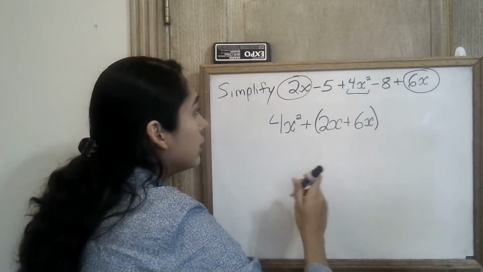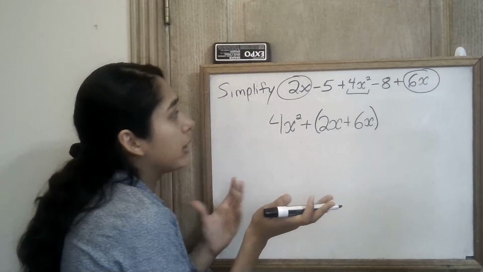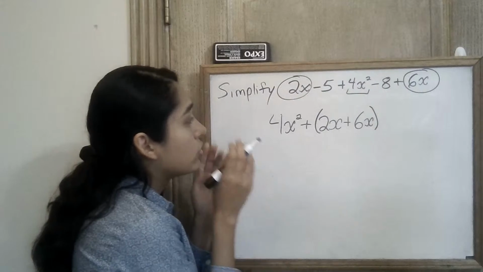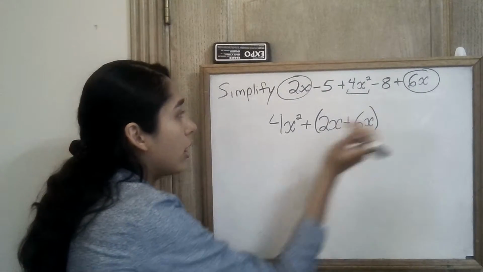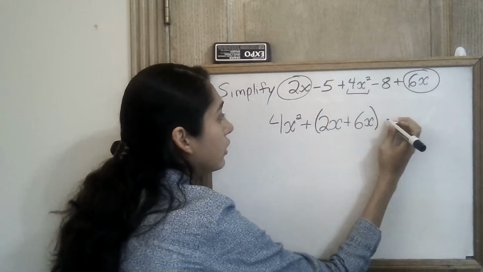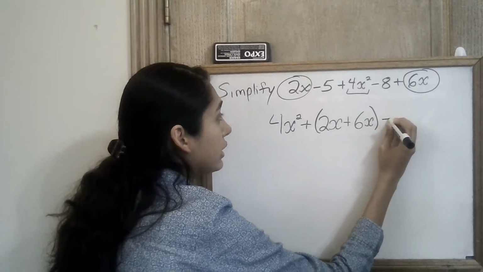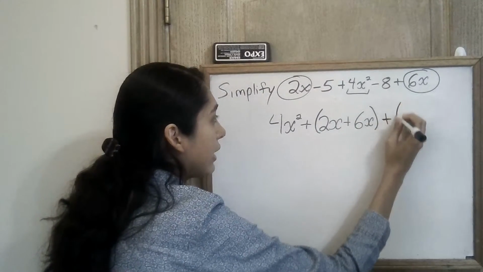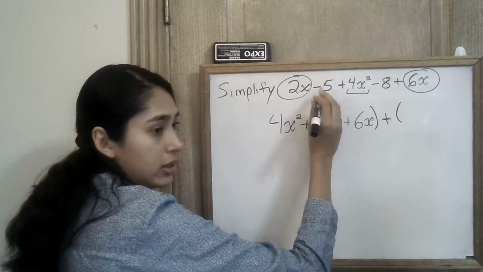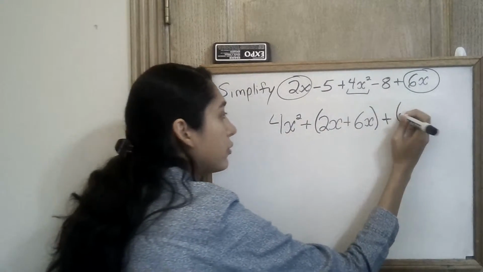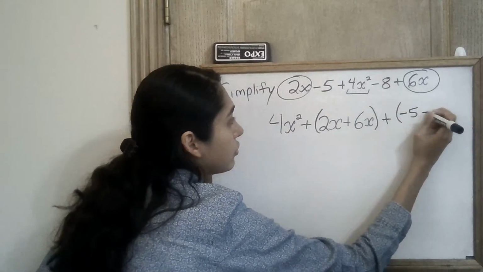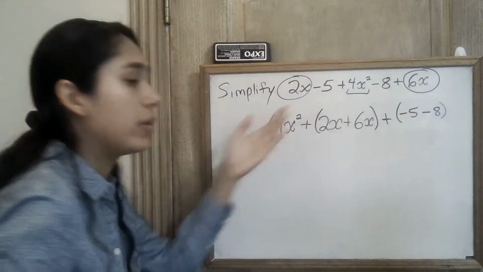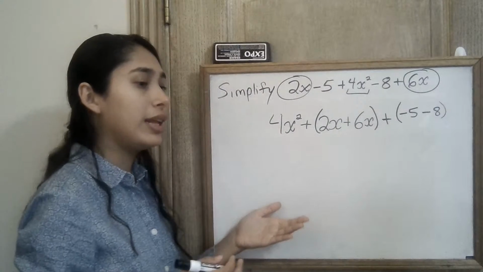Now, the only things I have left to deal with are my actual numbers, -5 and -8. I can just add and drop the minus in, turning it into a negative over here, and then -8 over here. I could do -5 plus -8, but that's a little bit of overkill.